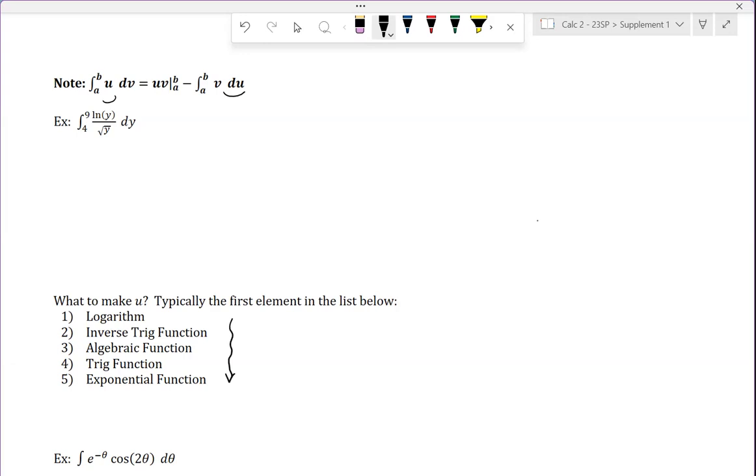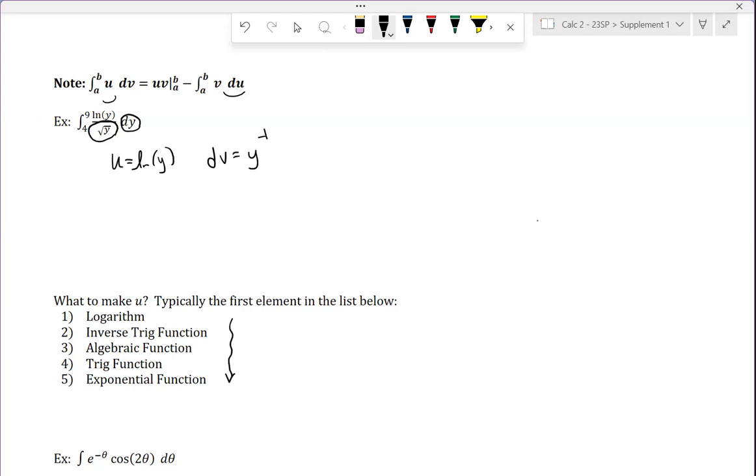Okay, so if I pick log of y to be the thing I differentiate, then what does that leave? That leaves a 1 over root y dy for dv.